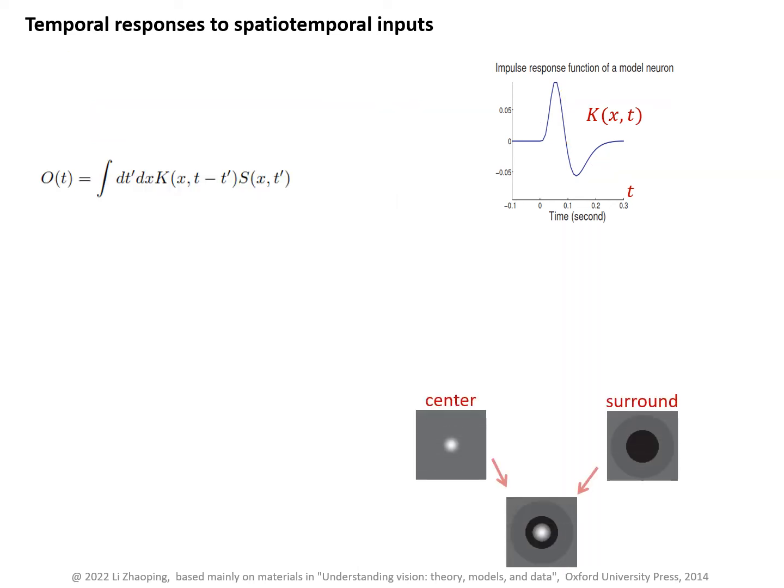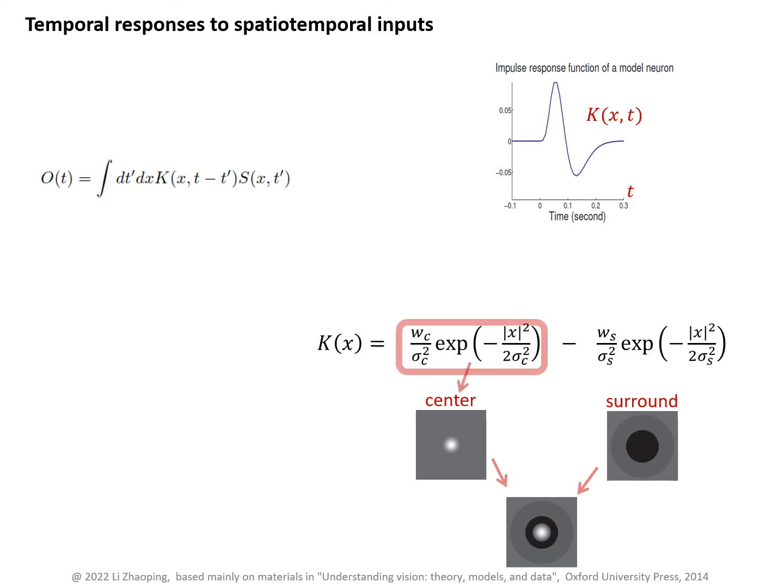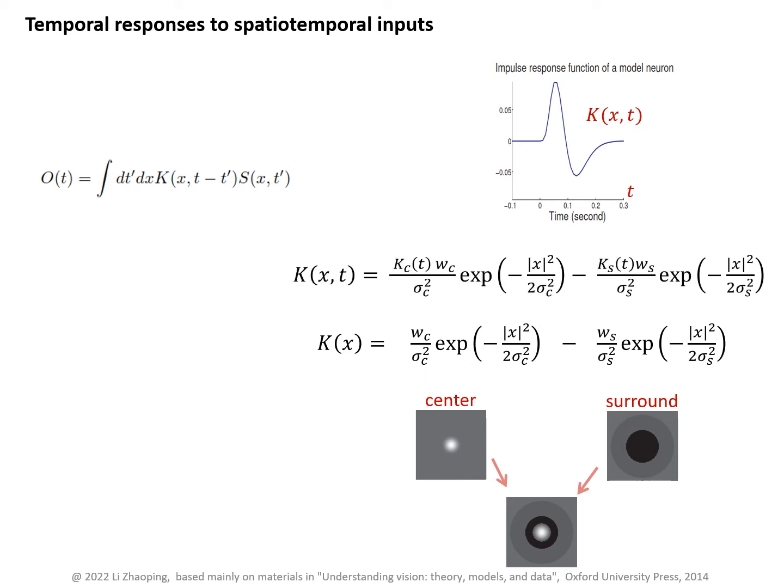Let's recall our center-surround receptive field as a model for the retinal ganglion cells. It's a spatial function ignoring time, with this term for the center and this for the surround. Now let's include time to make this a spatial-temporal filter. It's a function of both space and time.